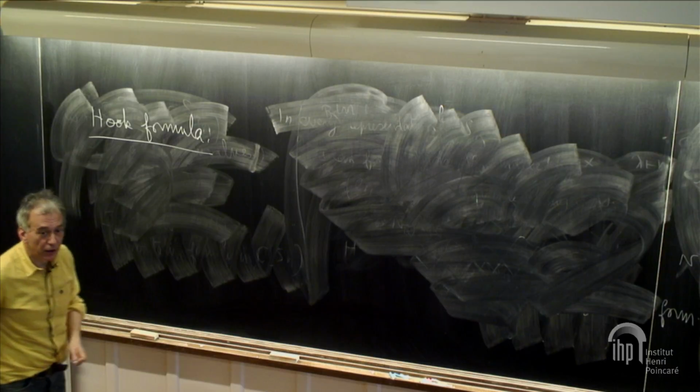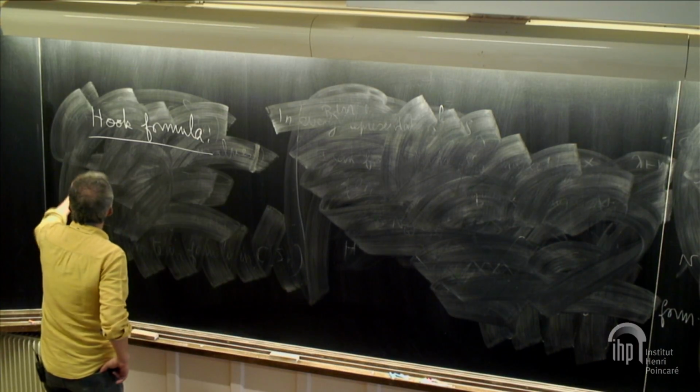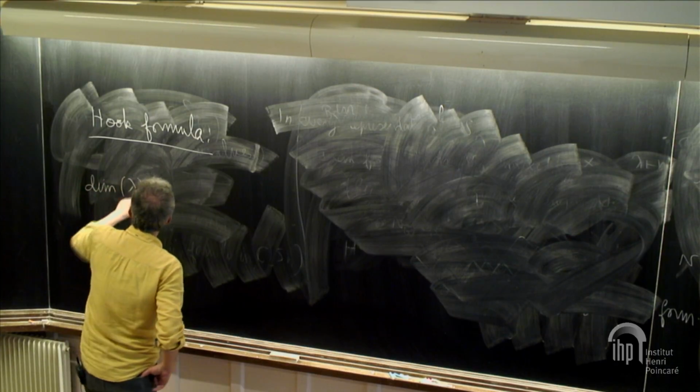So what is the hook formula? The hook formula is an explicit formula for the dimension of lambda. Okay, so how does it look? It looks like the following.